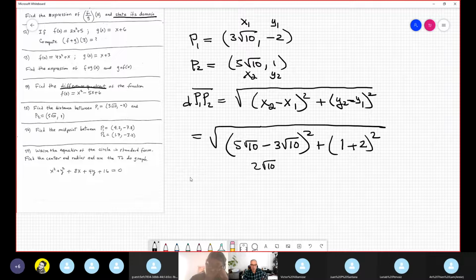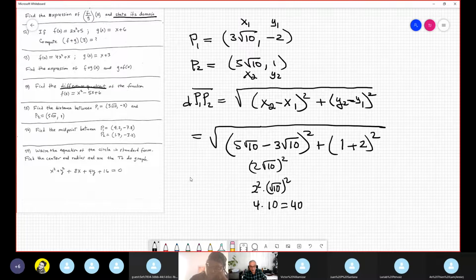When you combine two expressions that contain the same radical, the only thing you should do is combine the coefficients in front, 5 minus 3. And when you square this, it's 2 squared times radical 10 squared. 2 squared is 4, and radical 10 squared is 10. So the answer for that part, including the square, is 40.